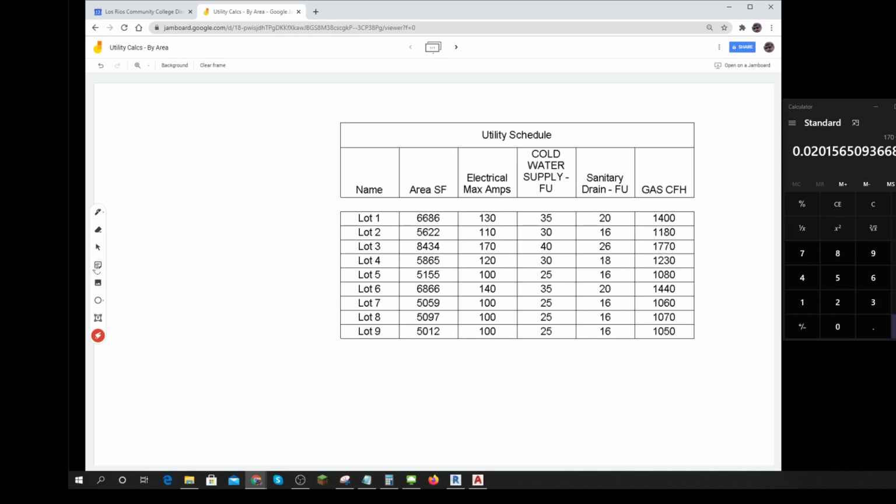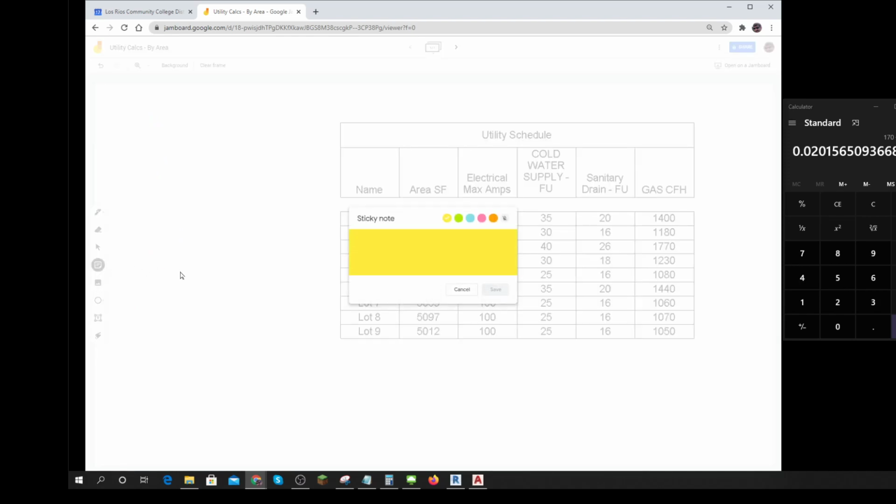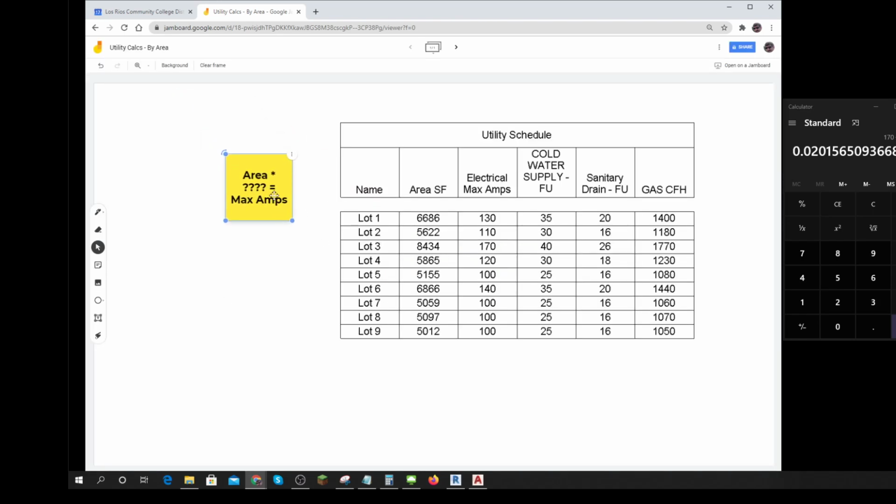So I know that area times something is going to equal my max amps. That's my guess on how this is going to happen. Okay, so I'm going to put that down there, and then I'm going to see if it works.